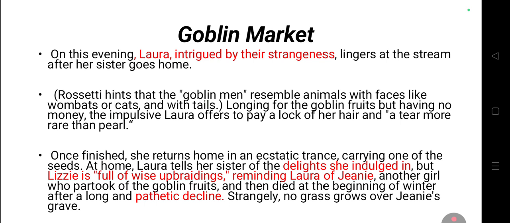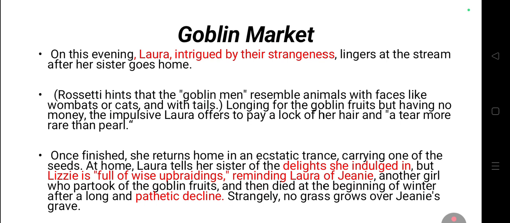Rossetti hints that the goblin men resemble animals with the faces like wombats or cats, and with tails. So the faces of these goblins are somewhat like wombats or cats, and they also have tails with them.